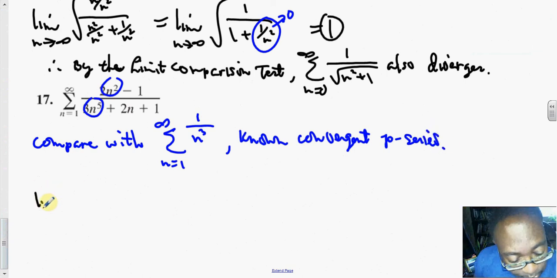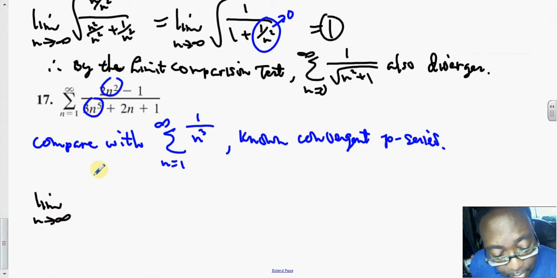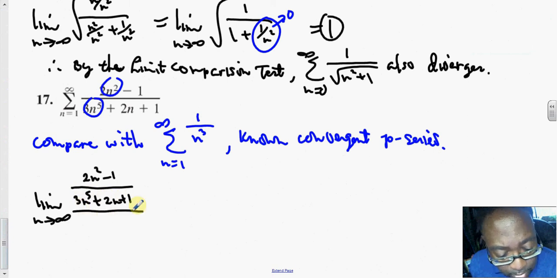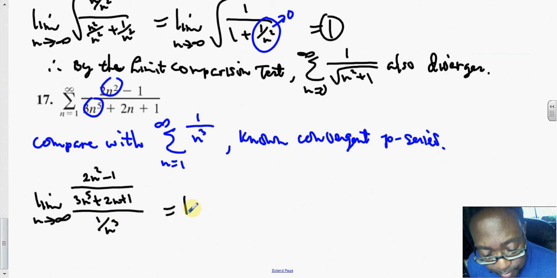So we take the limit of the ratio here. The limit as n goes to infinity of 2n squared minus 1 over 3n to the 5th plus 2n plus 1, all over 1 over n to the 3rd.